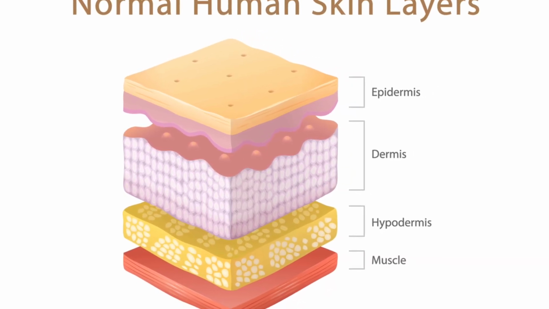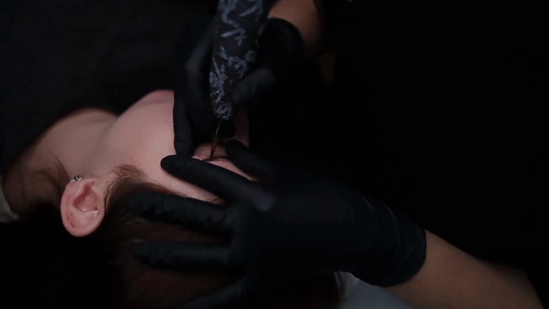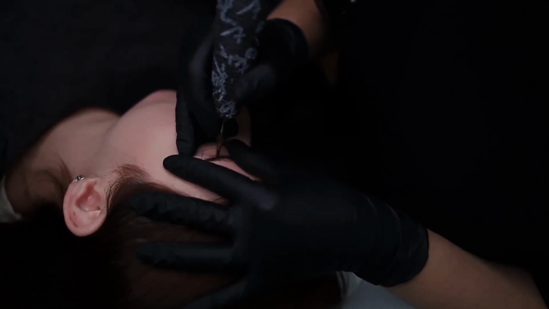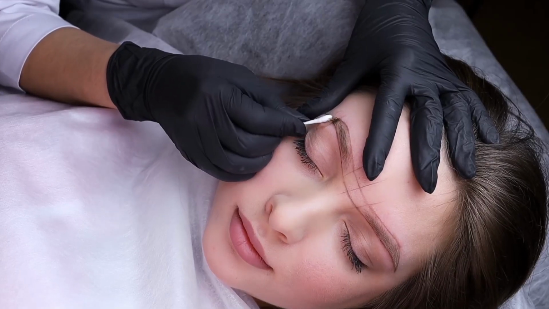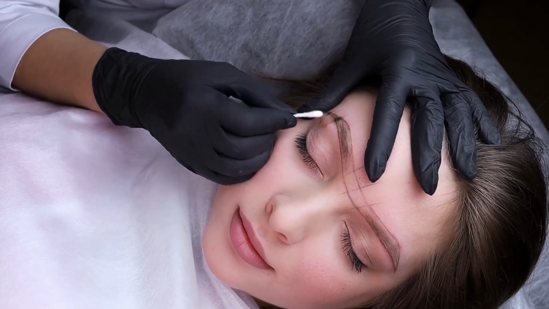Why there? Because if you're going to place it into the epidermis, the top layer that sheds every month, your pigment will be gone after 1 month. After your client comes back and they're fully healed, your work will be gone. But at the same time, you have to be careful. You have to make sure that you don't place it too deep into the dermis. Why? Because if you place it too deep, your work will change color.